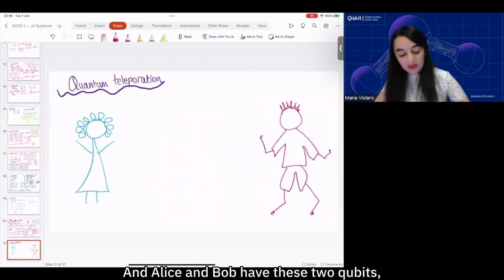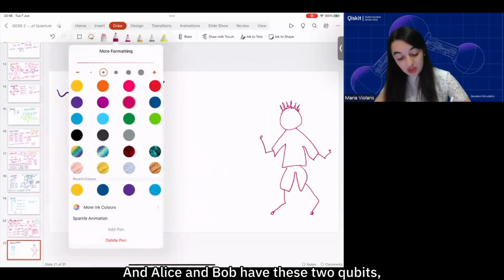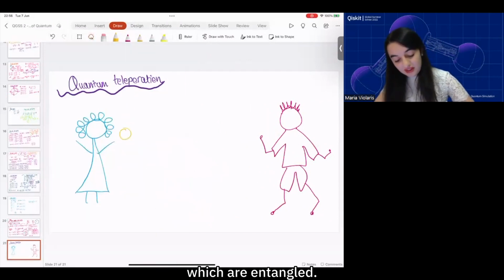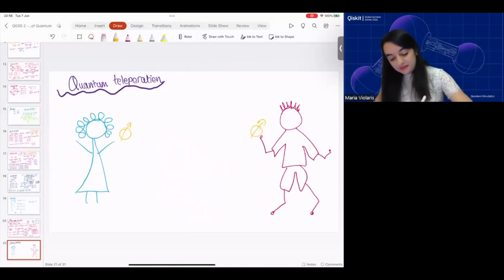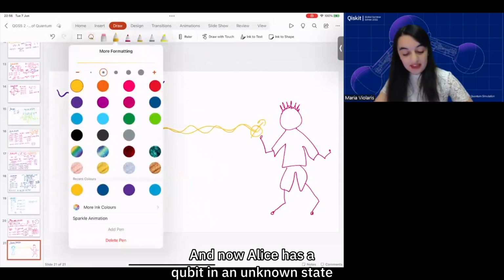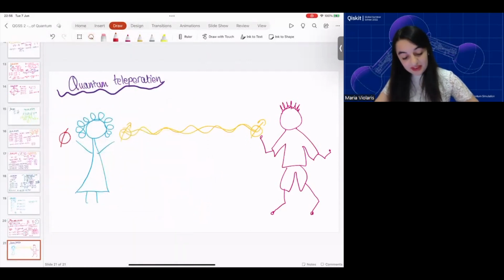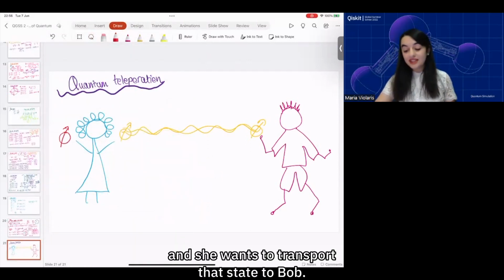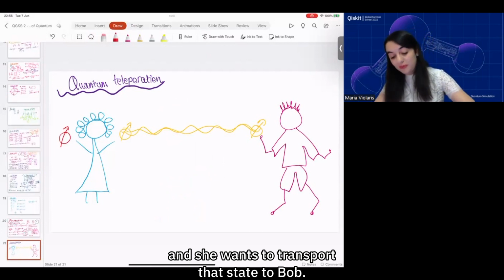And Alice and Bob have these two qubits, which are entangled. And now Alice has a qubit in an unknown state, and she wants to transport that state to Bob.